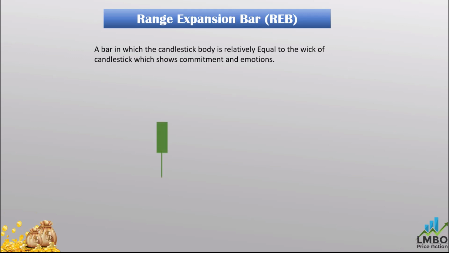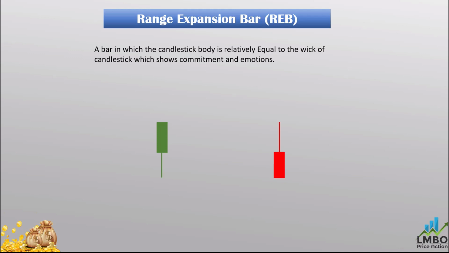This candle is showing the lower wick. The wick and the body are of equal size. So this is not a wide range bar candle. This is a range expansion candle, so you can call it REB, range expansion bar. The bearish one will be this one.